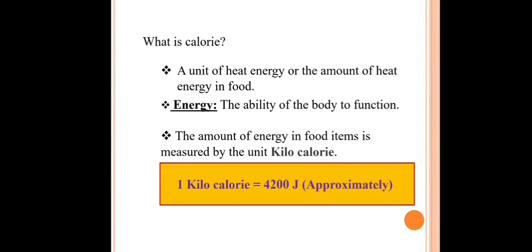So energy is the ability of the body to function. When we measure the amount of energy in food items, its unit is kilocalorie. So 1 kilocalorie is approximately 4200 joules.